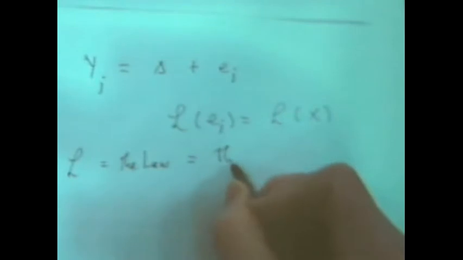Script L stands for the law, but it means distribution. So I can model it like that. So the algo's just shifted up.